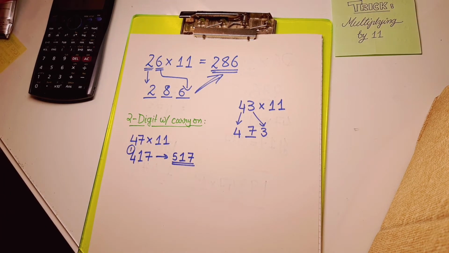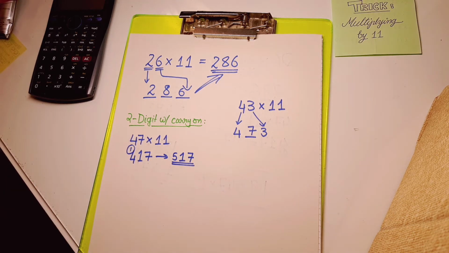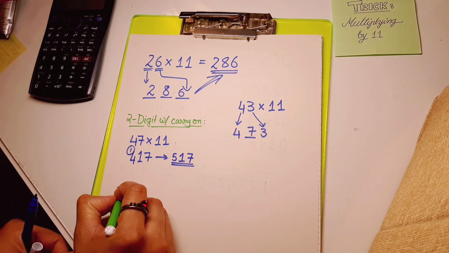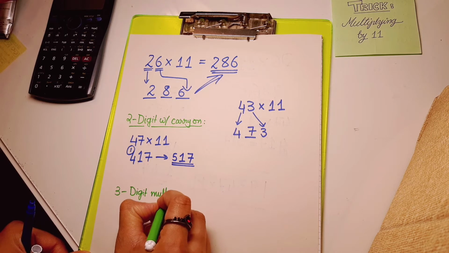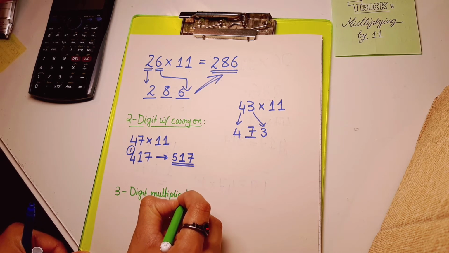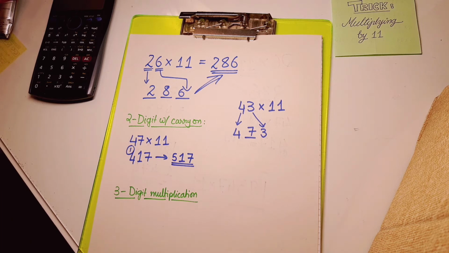And now let's move on to a three-digit number, and let's see how that works in that case. So I'll just write it down. We have a three-digit multiplication, and it also works in a similar fashion with a slight variation.